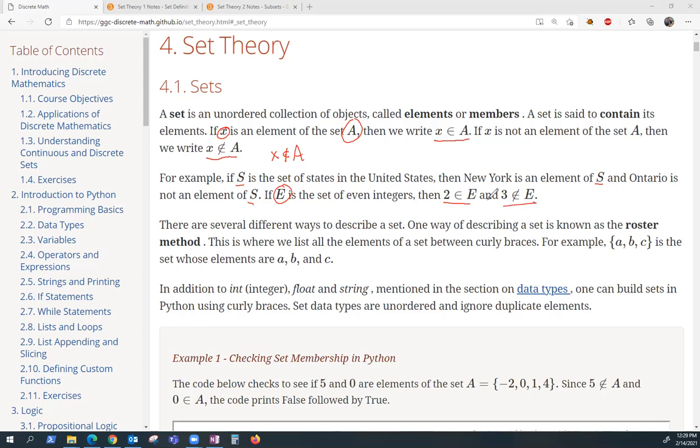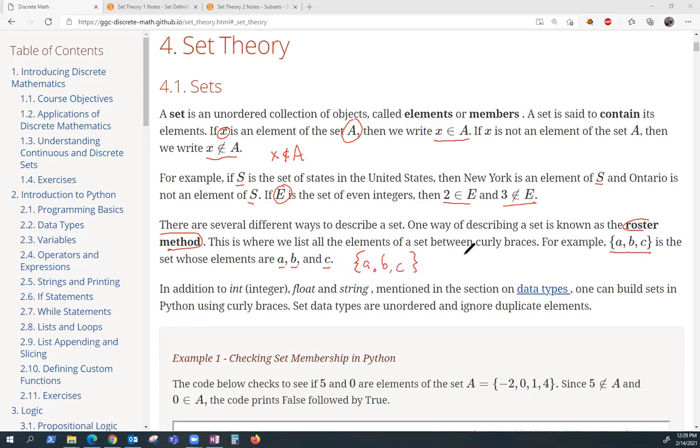Now, there are different ways to describe and write the elements of a set. One of the most common is what's known as the roster method. And all you do is you just list out all of the elements of the set. So for example, this is the set that contains this element, and this element. Now, I want to say a couple of things about sets. We are going to always use curly braces like this to indicate we're talking about a set.